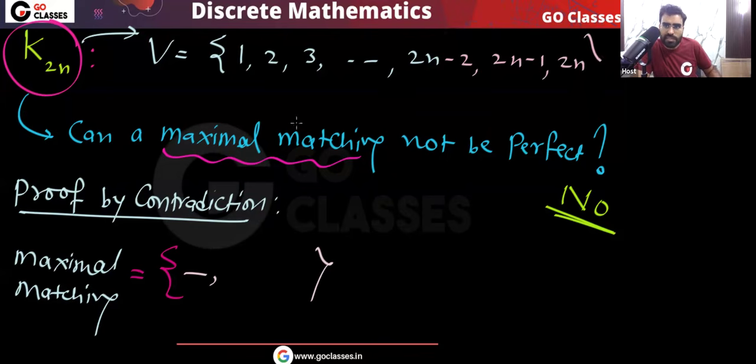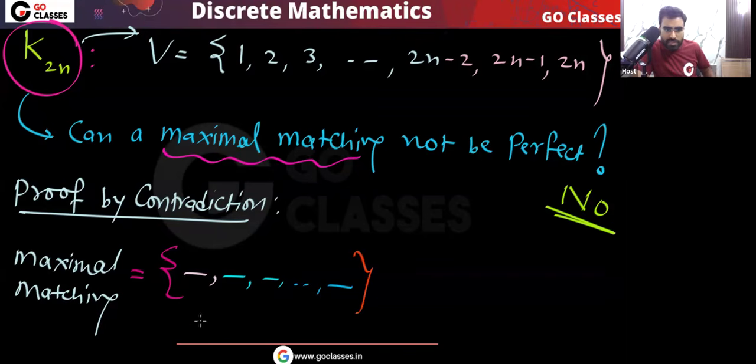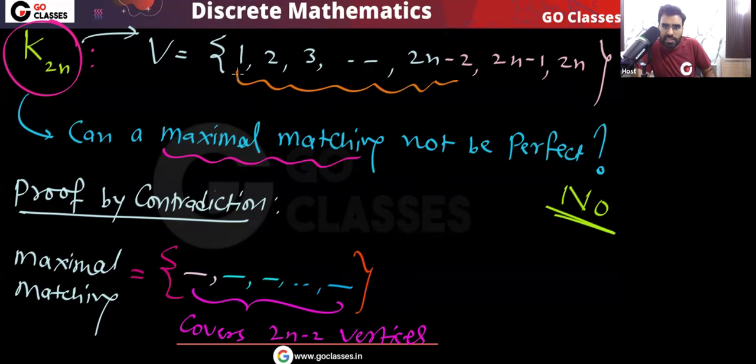These are the total 2n vertices, right? 2n minus 2 vertices means these vertices are covered. These vertices are not covered.